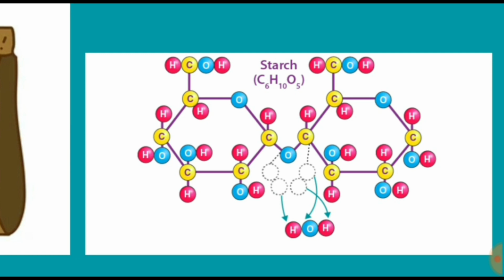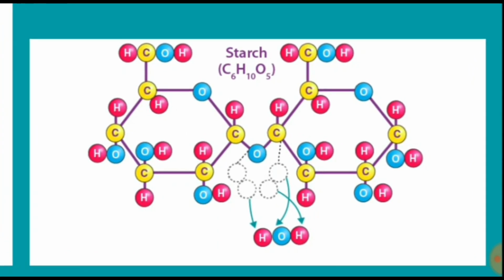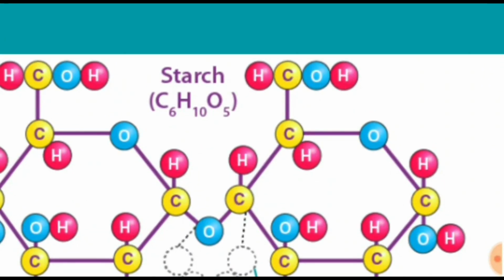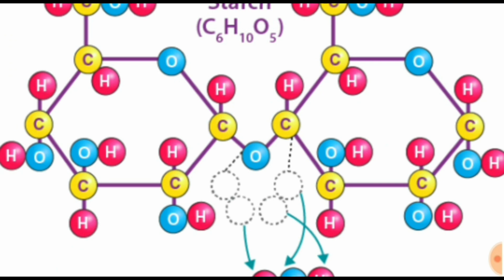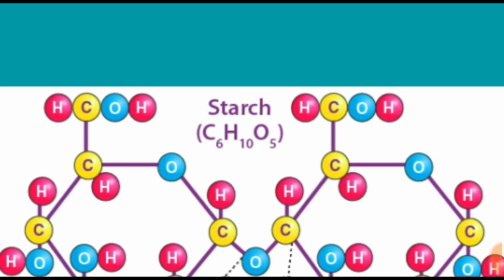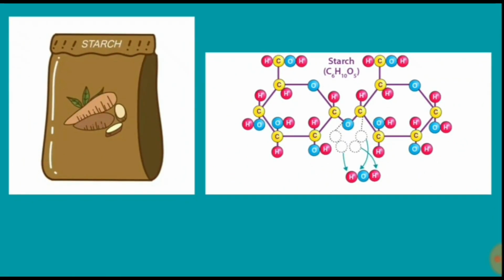So there is C1 to 4 linkage and C1 to C6 linkage, in the branched and unbranched chain. In the unbranched chain you can see C1 to C4, and in the branched chain you'll see C1 to C6.